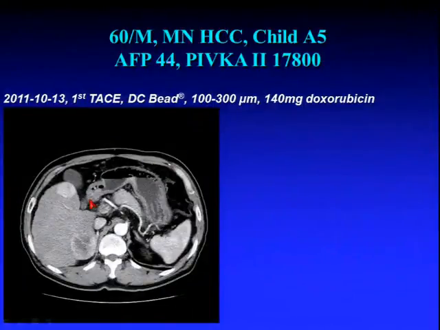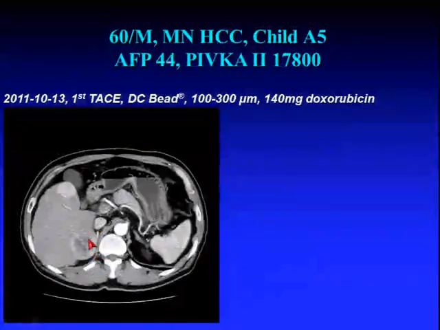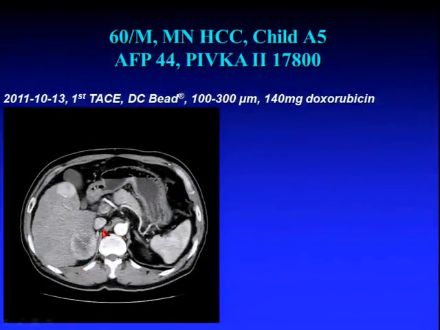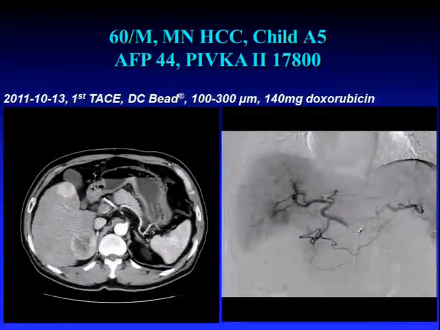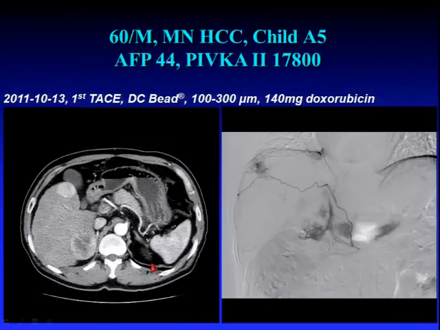This is the typical candidate of DEB-TACE. You can see hypervascular, multiple nodular tumors. One of them is exophytic in the bare area of the liver. So, exactly the same as lipiodol embolization, DEB-TACE also should be performed very super-selectively. Based on the tumor location and growth pattern, it is easily expected to be supplied by extrahepatic collaterals.